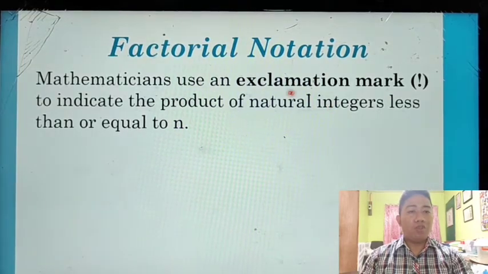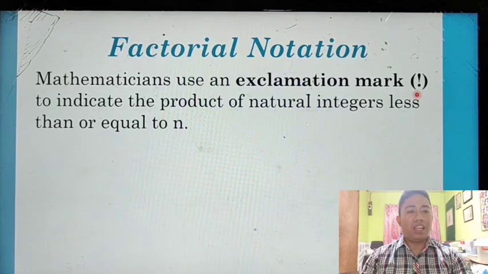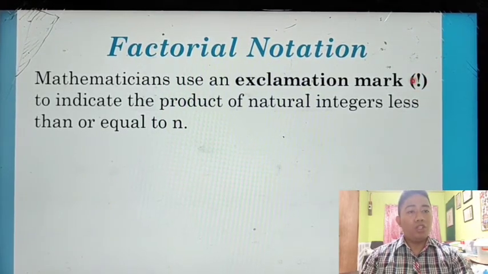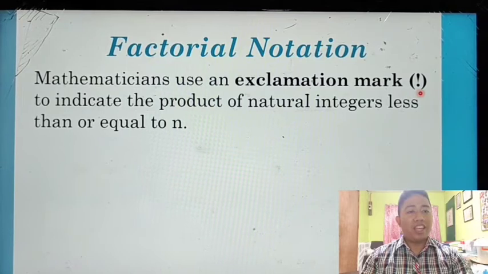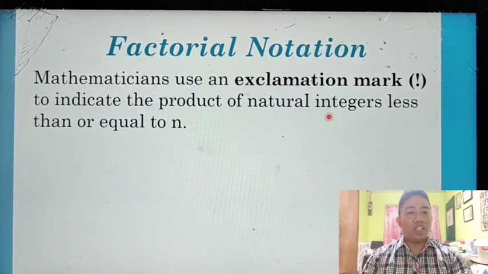This symbol is different in mathematics and in language. In language, we use this symbol to express excitement and exaggeration, while in mathematics, we use an exclamation mark to indicate the product of all natural integers which are less than or equal to n.